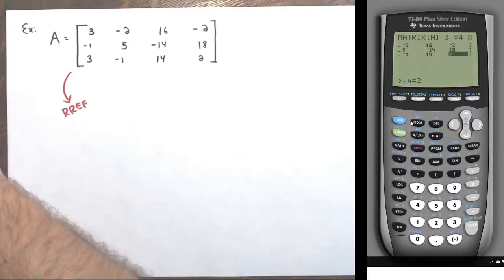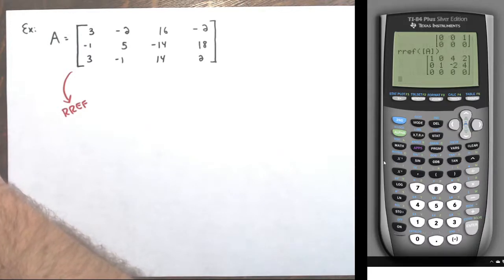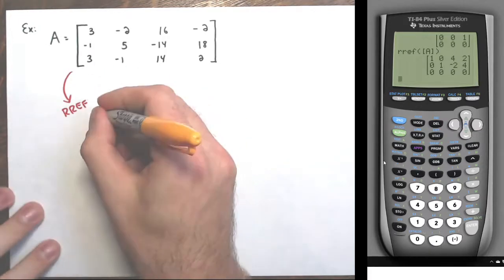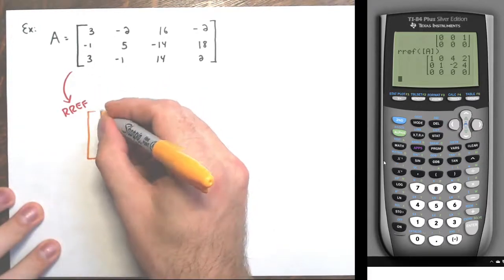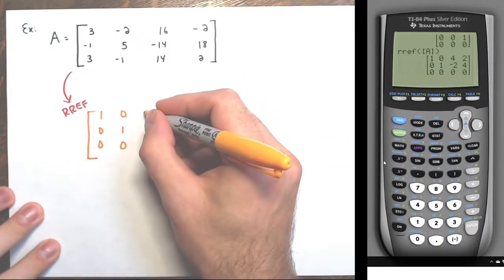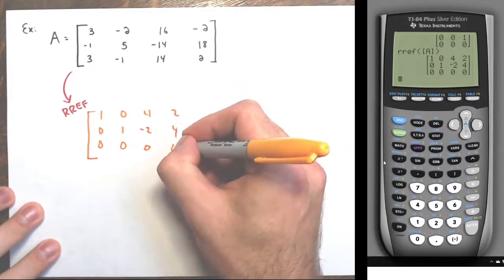All right, then I get out of here, re-enter the reduced row echelon form, and there it is. And so I'll write it out. So first column 1, 0, 0, second column 0, 1, 0, then 4, -2, 0, and 2, 4, 0.